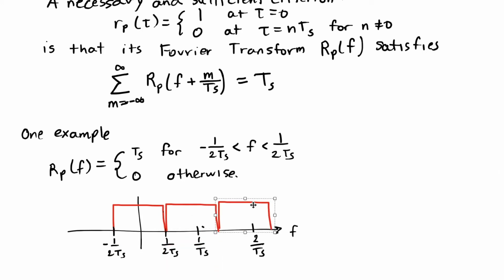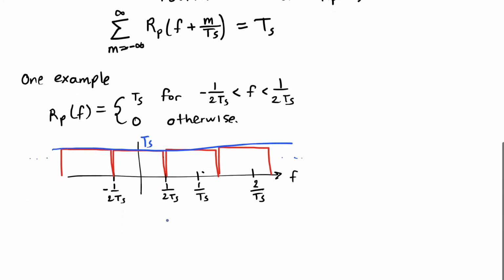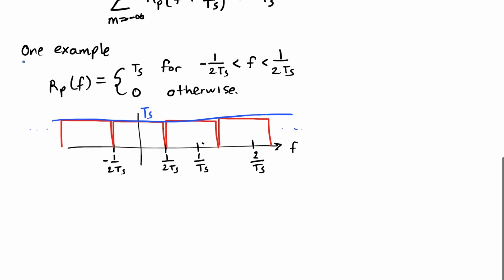You can see this would go on to infinity, and if I had lined these up exactly right and drawn it perfectly well, then you would see that it's exactly a constant when I add it together. In fact, this value here would be t sub s for all frequency, and that's what the Nyquist filtering theorem requires. So that's one example.